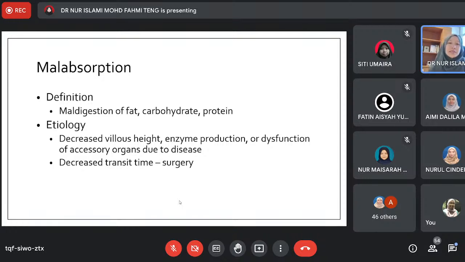This can cause malabsorption. So the etiology of malabsorption is when there is decreased villus height, enzyme production or dysfunction of accessory organs due to disease. And perhaps there is a decreased transit time, which is due to surgery.